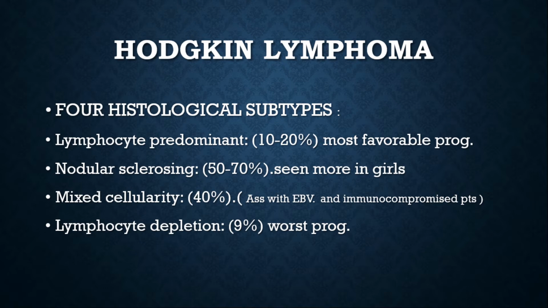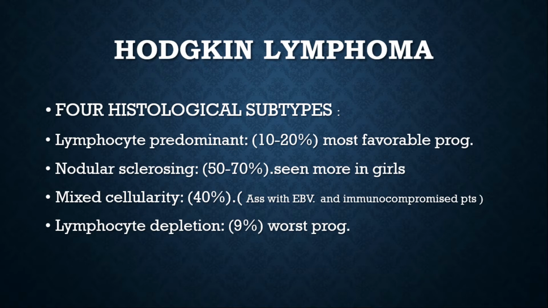The mixed cellularity type, which is a common subtype, seen in roughly 40% of the cases, has a mixture of cells, namely Reed-Sternberg cells, lymphocytes, eosinophils, plasma cells, and histiocytes, but without sclerosis. This type is associated with EB virus infection and is commonly seen in immunocompromised patients.